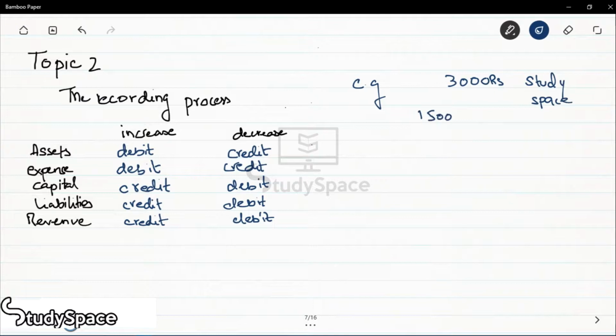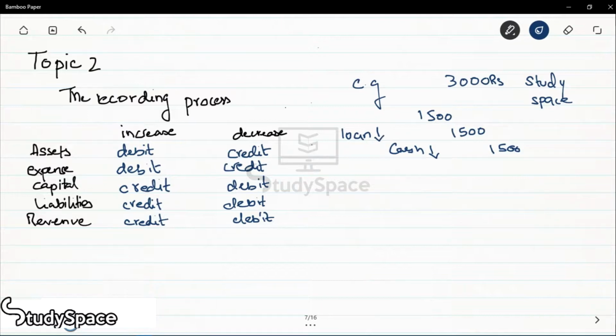So my transaction would be that I would record it such that cash would be credit by 1,500 because there would be a decrease in asset, and our loan from Study Space would be 1,500 debit because there would be a decrease in our liability.